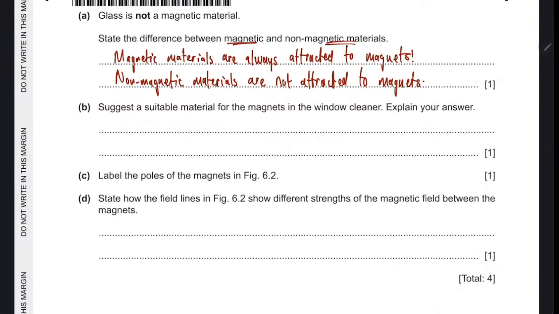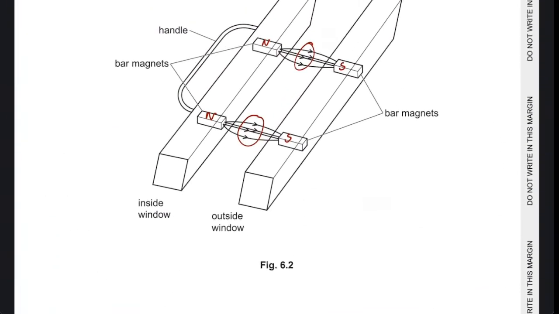Suggest a suitable material for the magnets in the window cleaner. So now we are going to the second thing. What is a suitable material for the magnets that you are seeing here? These are bar magnets, and bar magnets are not electromagnets.